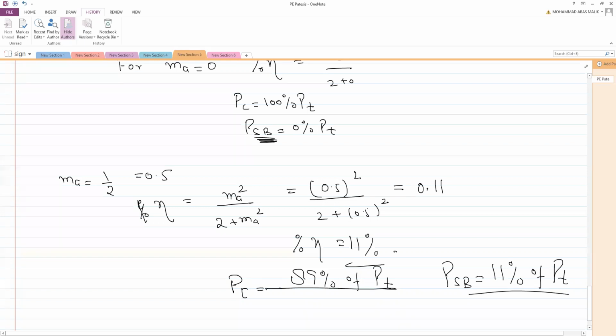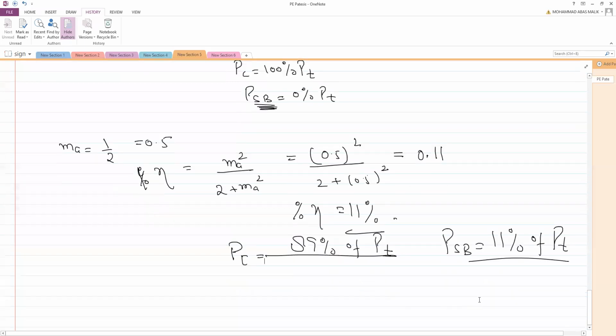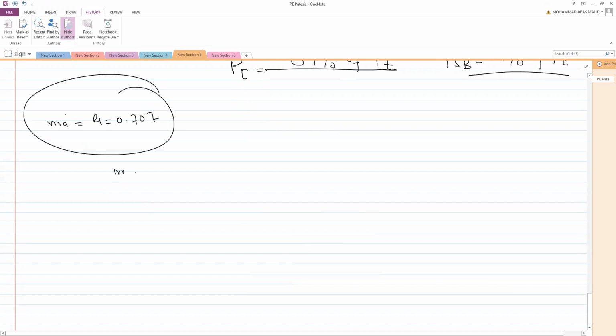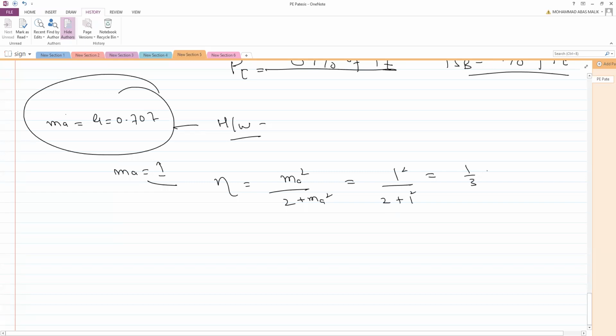Done? Yes, sir. Okay. Similarly, you can calculate the modulation efficiency when mu is equal to 0.707. Mu means MA. Similarly, calculate its value when MA is 1. Do this as homework. It will be MA square divided by 2 plus MA square, that is 1 divided by 2 plus 1, which is 1 by 3.